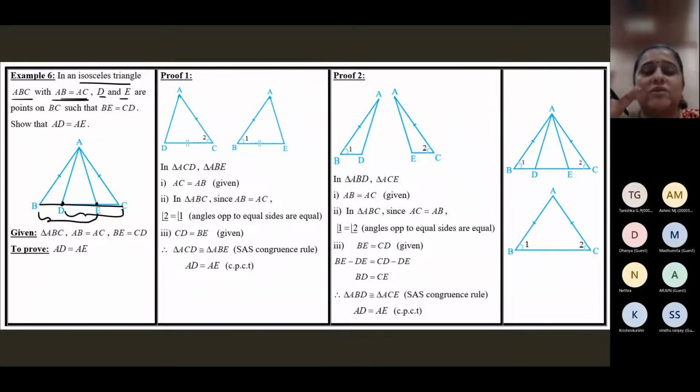That is, the length of the line segment BE is equal to the length of the line segment CD. So given all this, we'll have to show that AD is equal to AE.